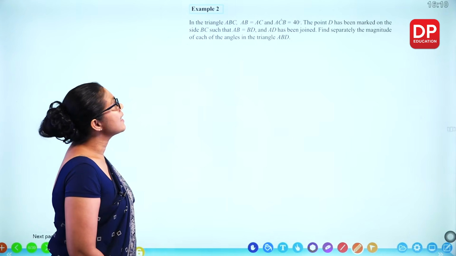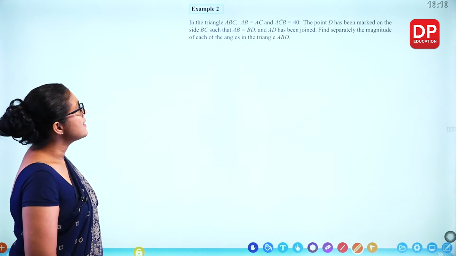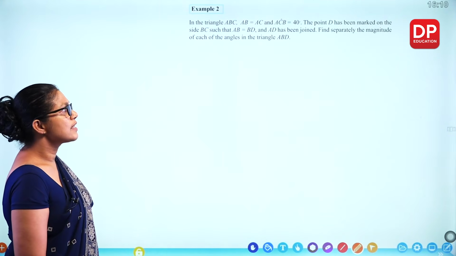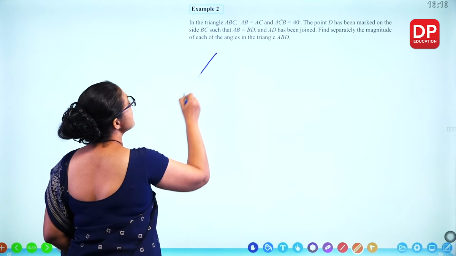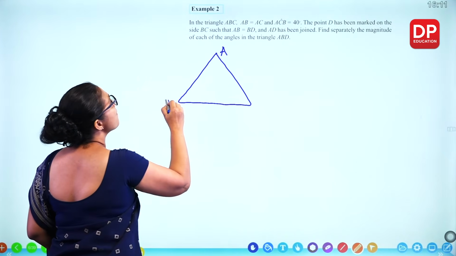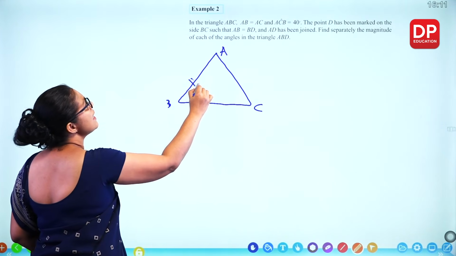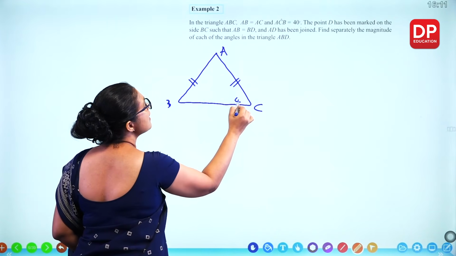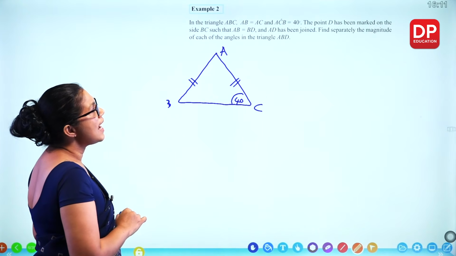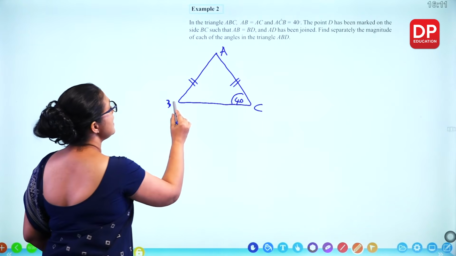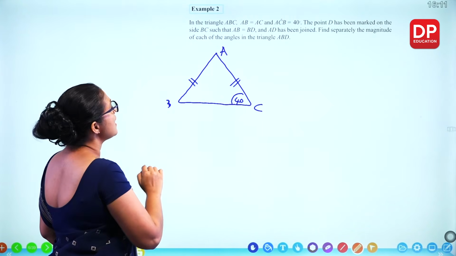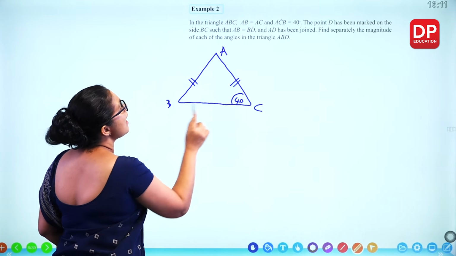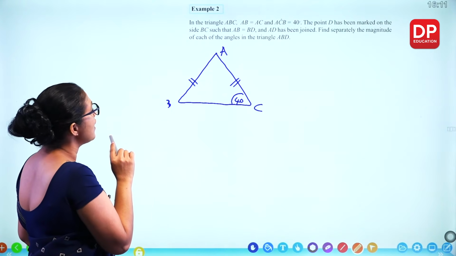Now we'll take the second example in your textbook. It says in the triangle ABC, AB equals AC and ACB is 40. Now we'll try to draw this triangle. There's a triangle ABC. AB is equal to AC. ACB is 40 given. The point D has been marked on the side BC such that AB and BD are equal, and AD has been joined.